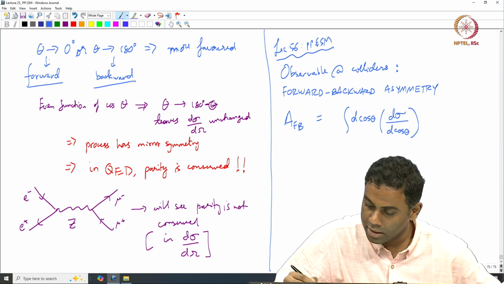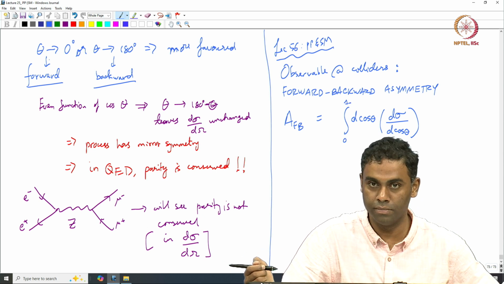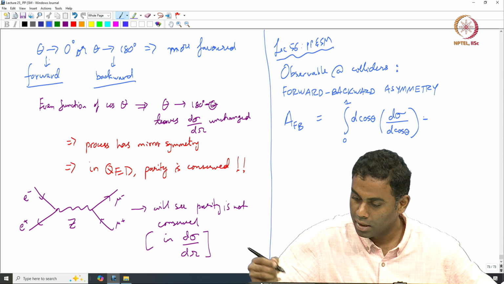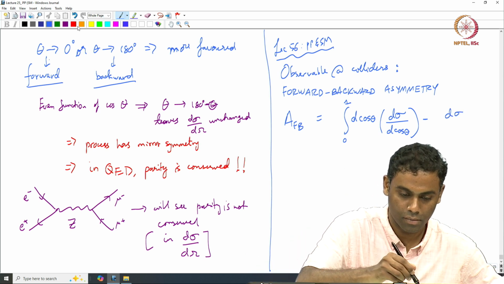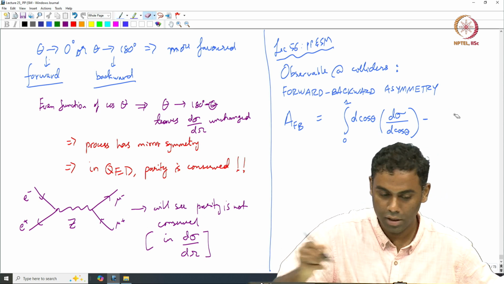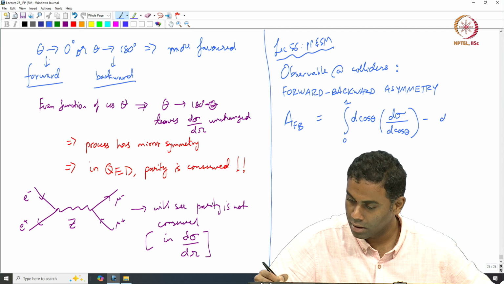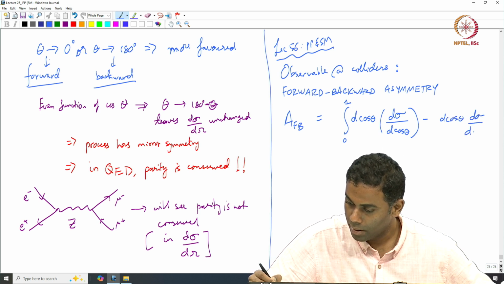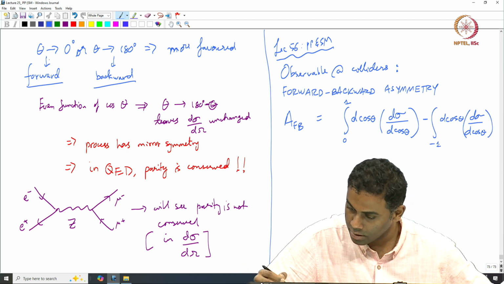I am going to integrate it first only in the forward direction, and then I am going to integrate it only in the backward direction. What is the backward direction? Cos theta from -1 to 0.